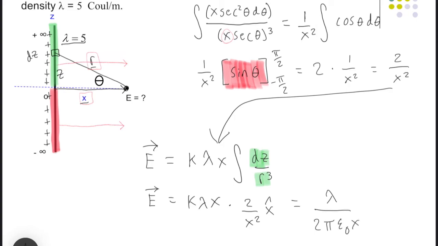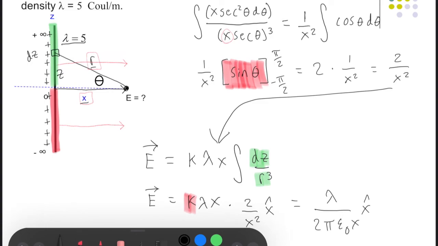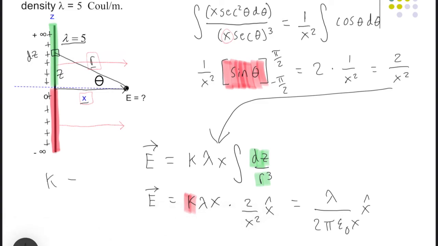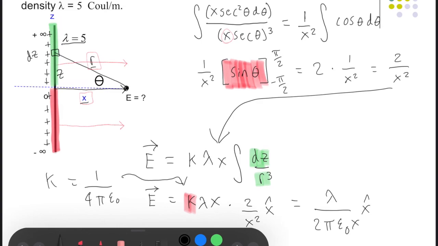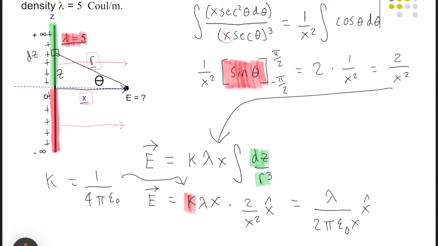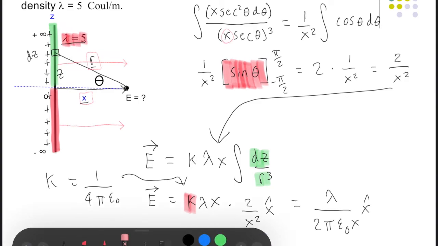Well, the value of k is equal to 1 over 4 pi epsilon naught. So we just plug that into our k, and that is how we get lambda over 2 pi epsilon naught, x hat. And now our last part is to replace the value of lambda. The value of our lambda, or our charge density, is 5. So we just replace the lambda in our answer. So we have 5 over 2 pi epsilon naught, x hat. And that is our final answer for the electric field of this infinite line charge.